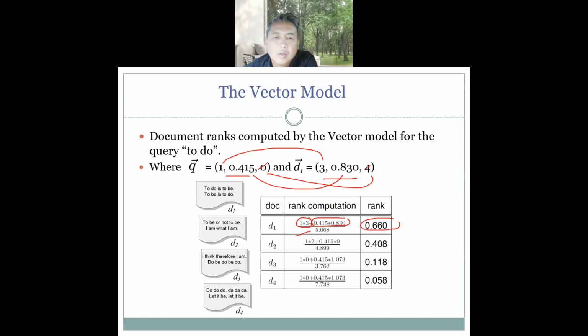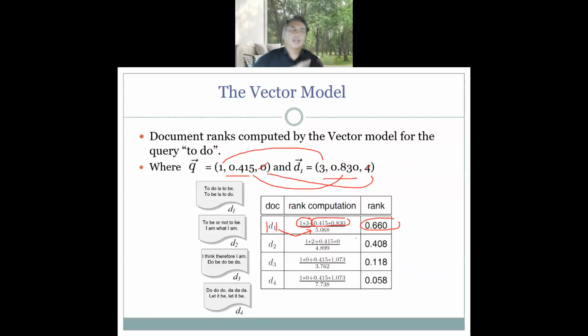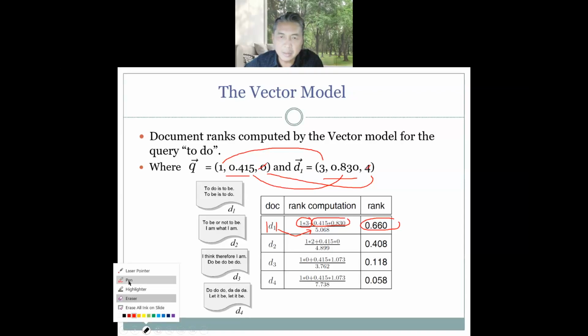And this is the length of document 1. Based on the formula here, you take the document times the query. But in this one, we do not have to take the query length, because for all of these formulas we have the same Q, so we don't have to add that calculation, just to simplify.